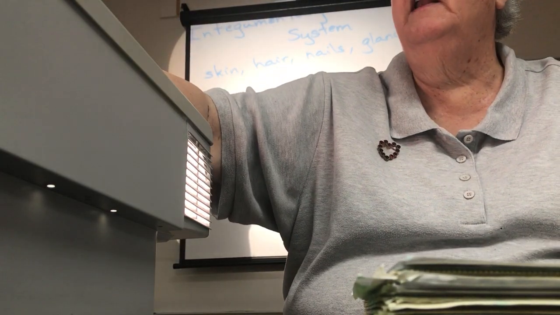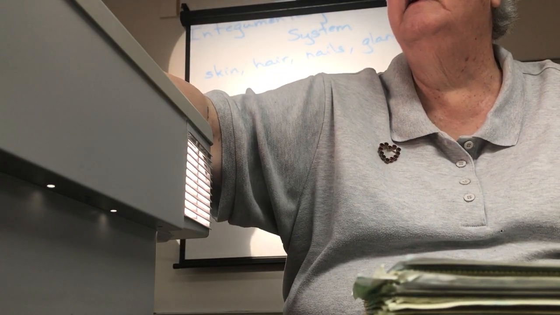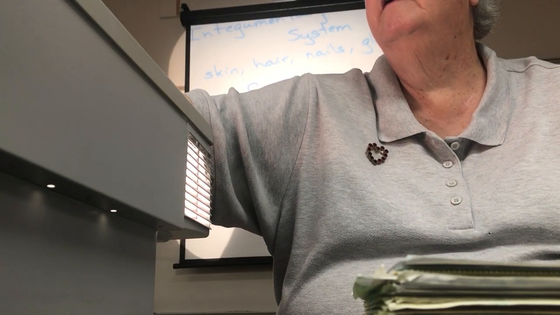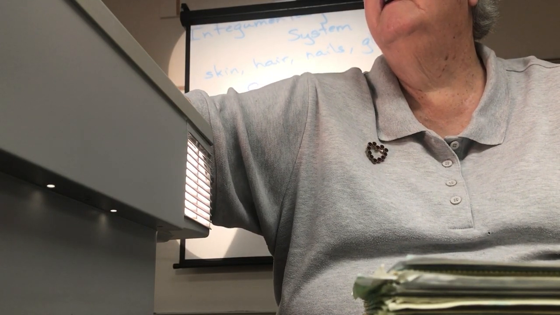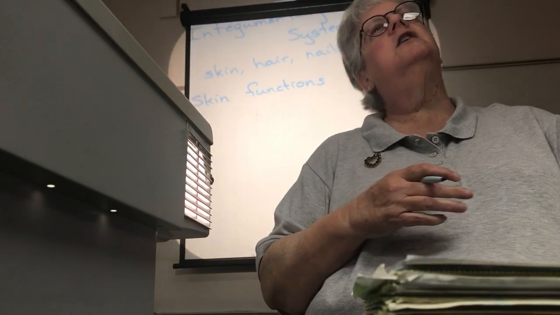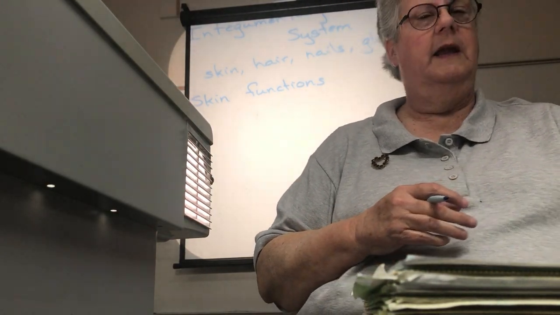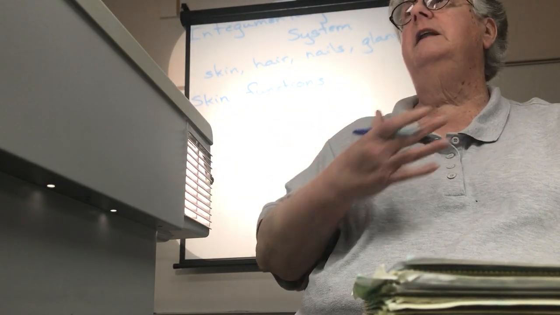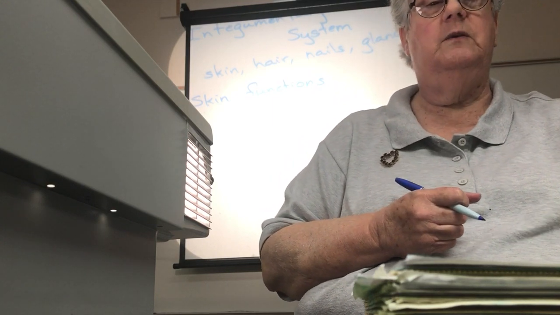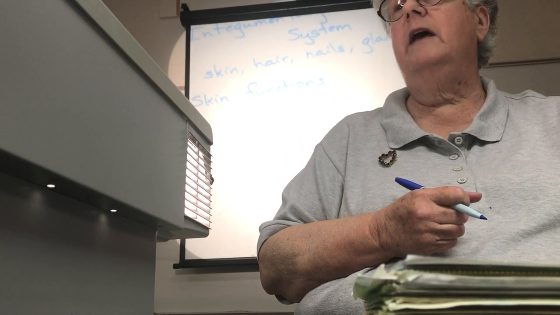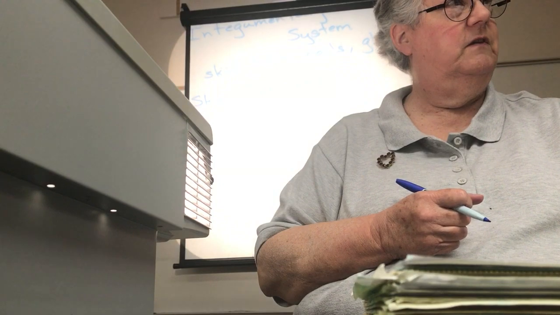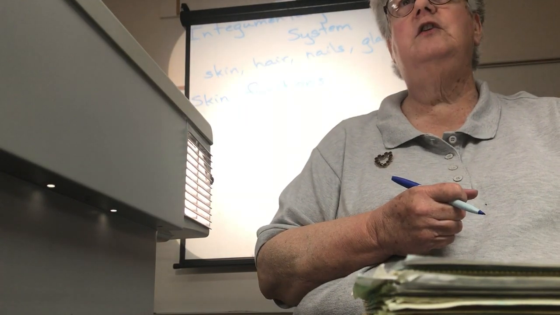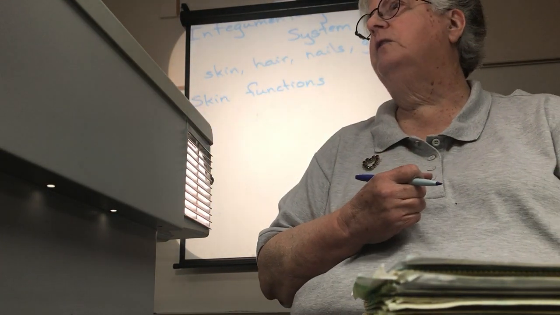We're going to be starting with skin. Skin is one of the largest organs of the human body. It is, in fact, an organ. It is made from many different tissues. And it also has a number of different functions. Would someone like to propose a function for skin?